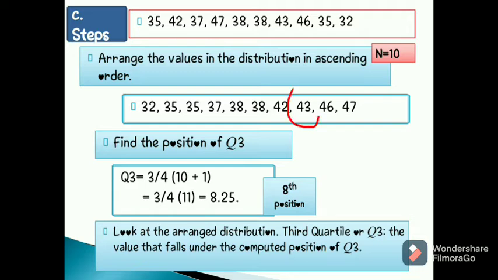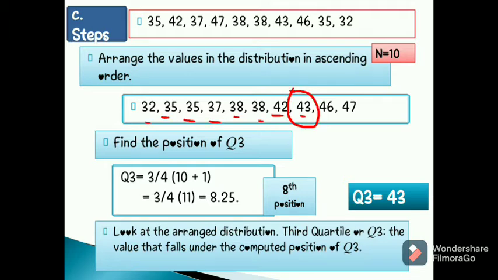So since this is the 8th position, 1, 2, 3, 4, 5, 6, 7, and 8, our quartile 3 is equal to 43. And then, since this is a problem, we always don't forget to interpret.